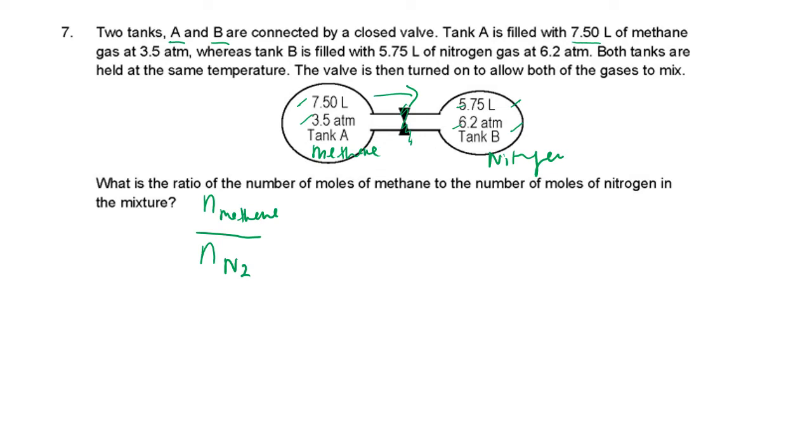The volume of tank A is 7.5 liter and the volume of tank B is 5.75 liter. So V total is equal to 7.5 plus 5.75 liter, which gives the total volume of the mixture.